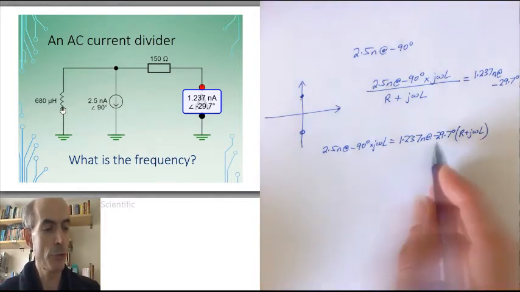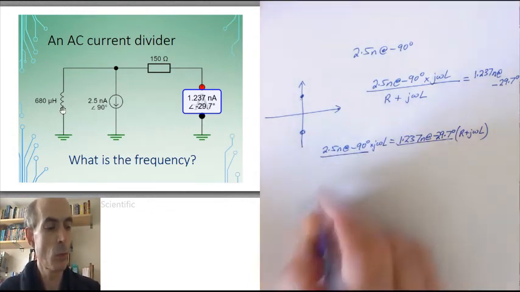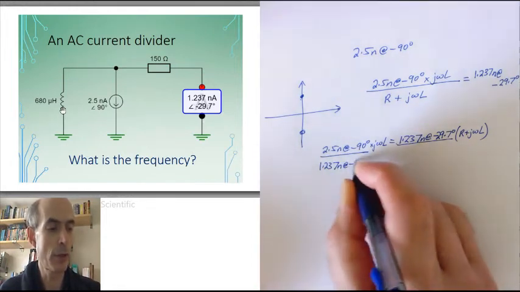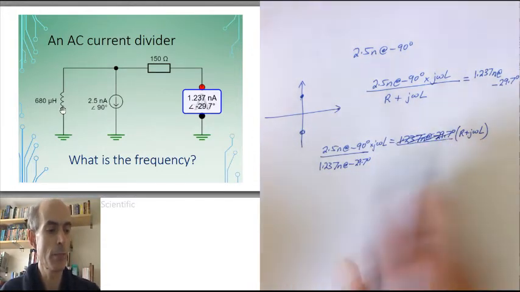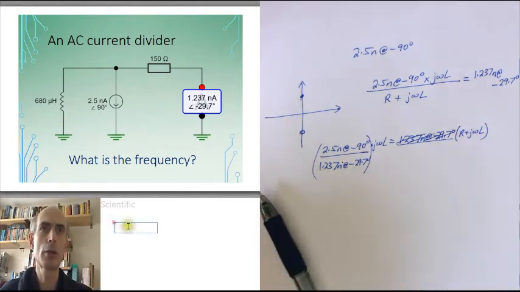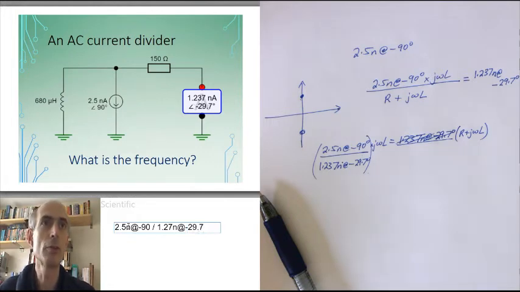Let's divide both sides of this equation by this quantity here. That would give me 1.237 nanoamps at minus 29.7 degrees over here, and it would cancel out over there, and I would end up with this. I can work out what this expression equals using my friendly calculator. 2.5 nano at minus 90 degrees divided by 1.237 nano at minus 29.7 degrees.